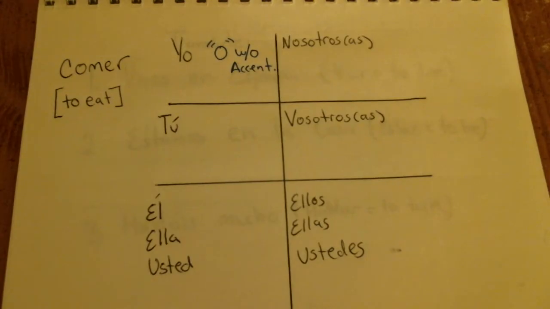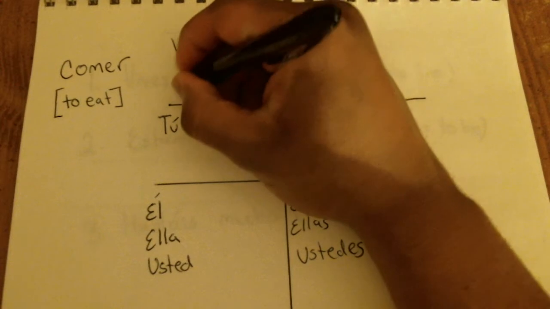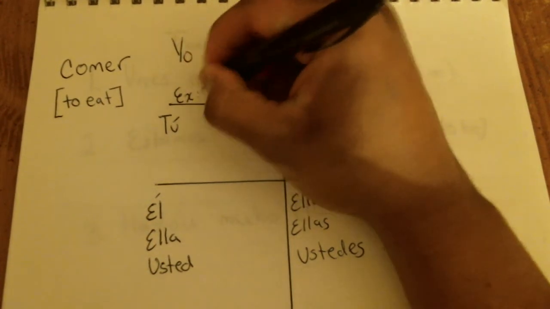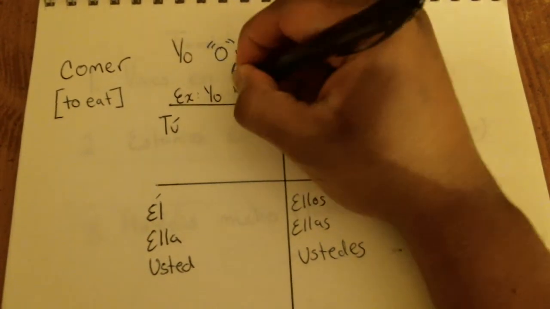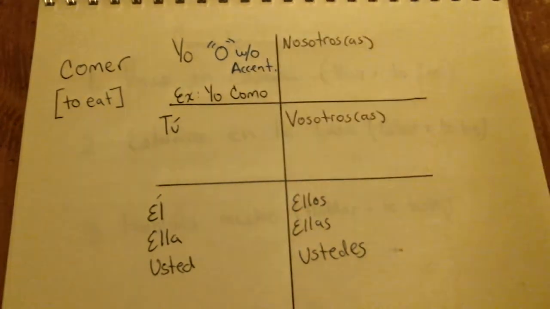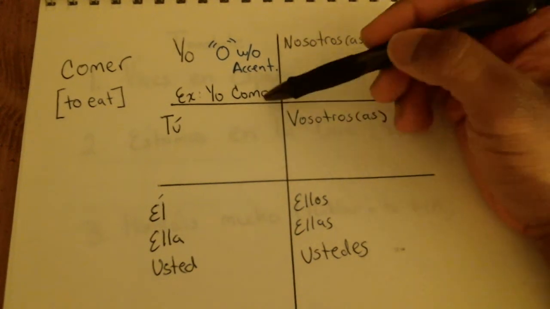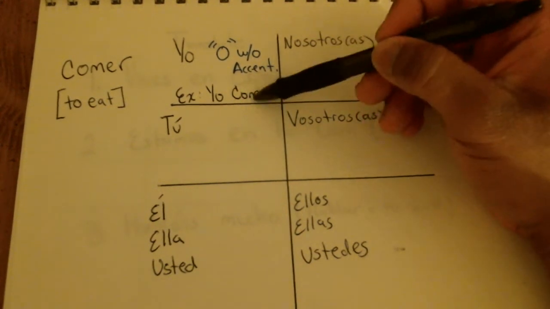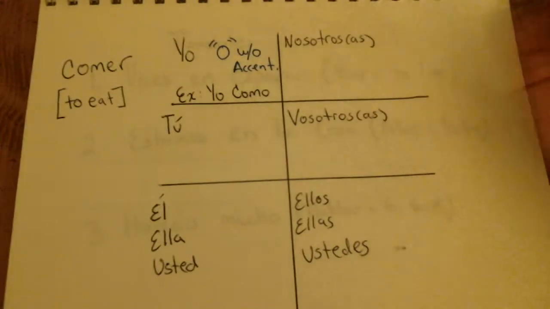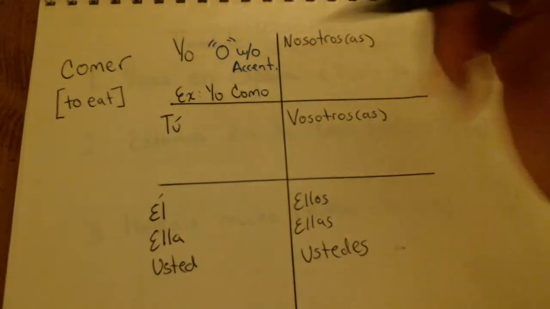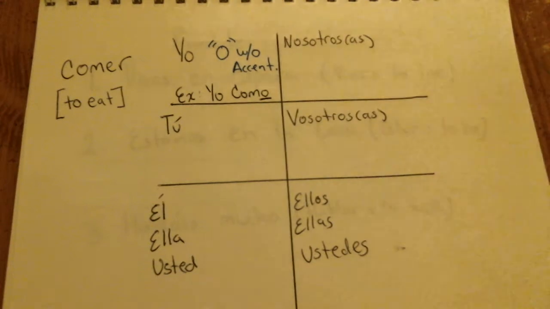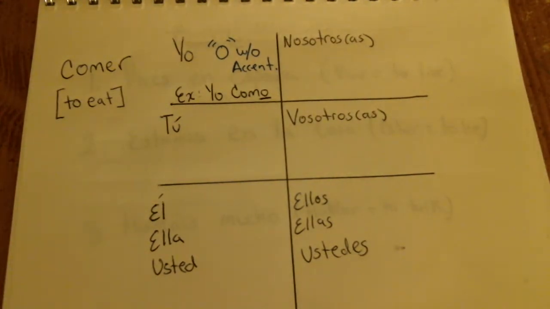So if you see the verb and you see an example such as yo como, well, you should already know, because the verb ends in an O, that means that whatever this verb is, the person that's doing it is yo, or the person that's doing it is I. So look out for the endings of the verbs to know who is doing the verb.